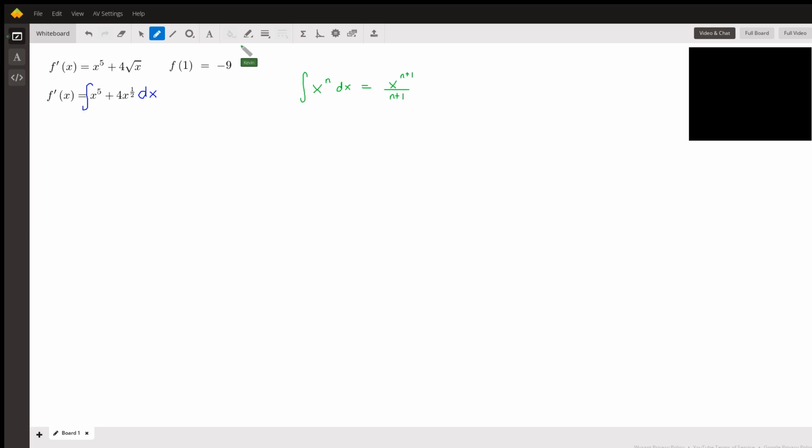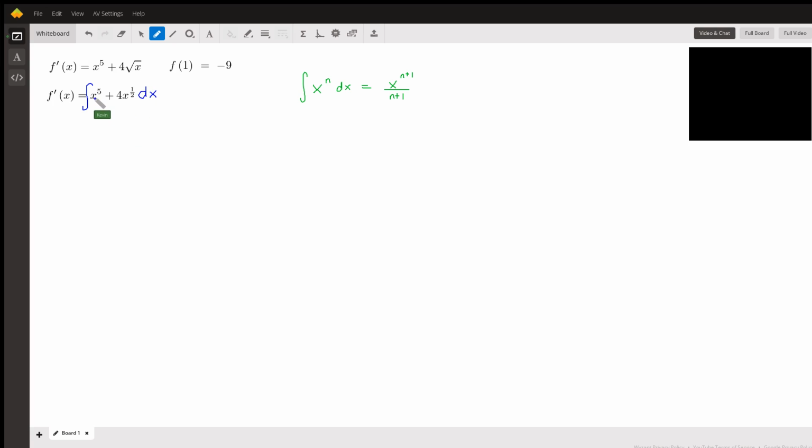So we should be able to utilize that here for both of these terms over here. And notice I took the square root of x and I rewrote it as x to the 1/2 power, so we could do the power rule with it as well. And you should be familiar with that from taking derivatives.